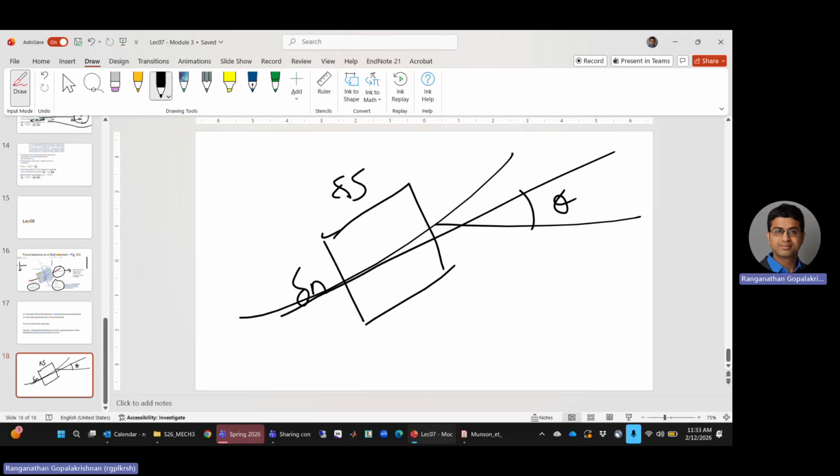So please draw this figure on your sheet and draw the pressure distribution around this rectangle for me. Don't forget to put your name on it and take a picture if you want. Draw the pressure distribution around this fluid element.